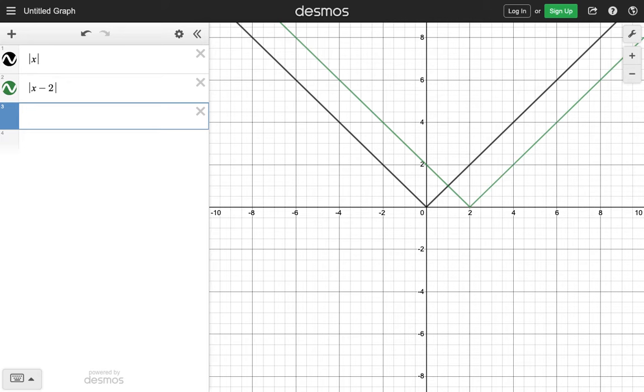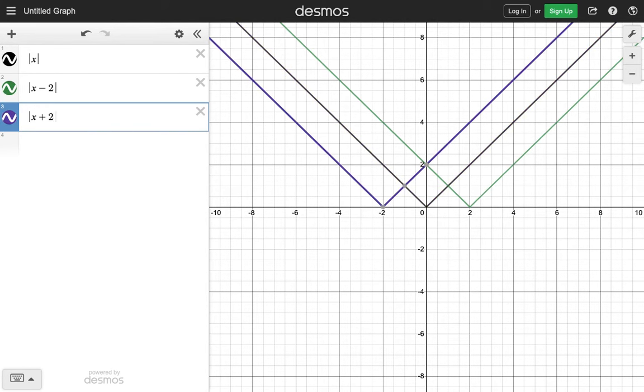If we were to add, it would go that number of units to the left. So this is x minus 2, it goes 2 units to the right. This is x plus 2, it goes 2 units to the left.